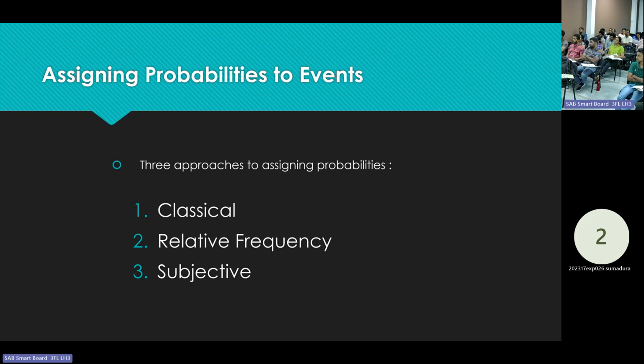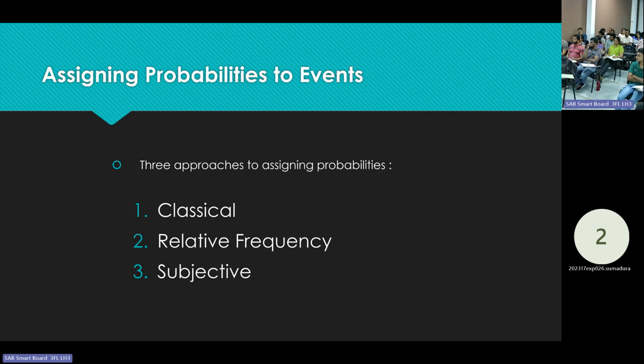If you ask two people the same thing, they will come up with two different values, with their experience and all. So it is a personally biased approach. But if you don't have data, you have no choice. You have to go for it.